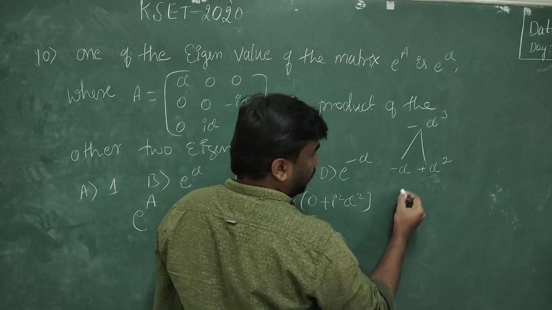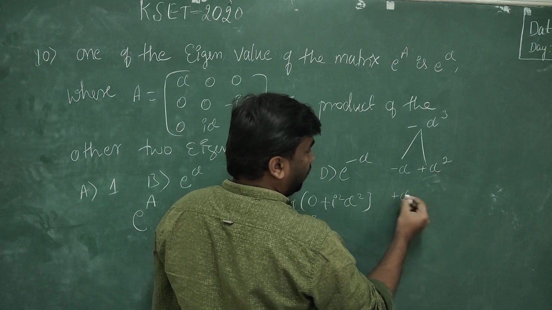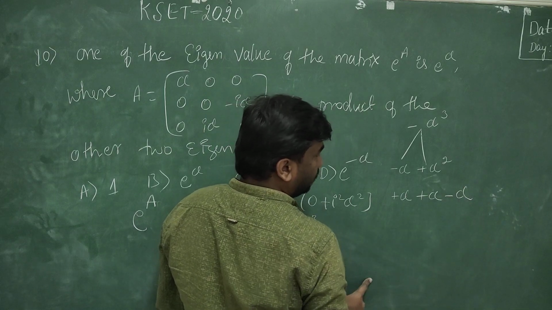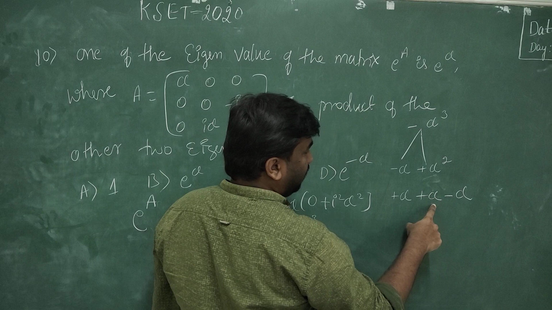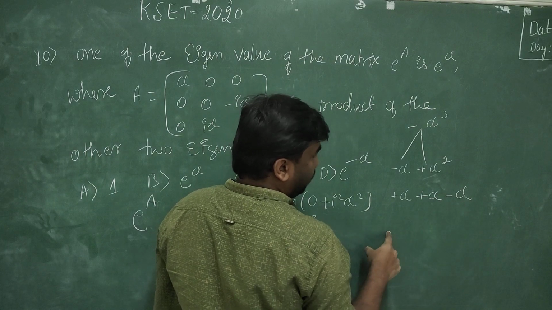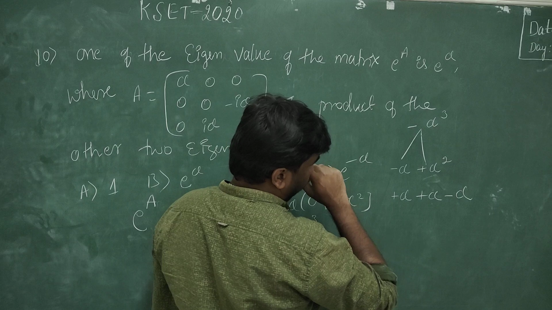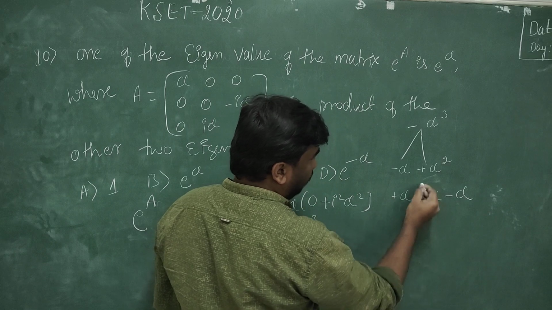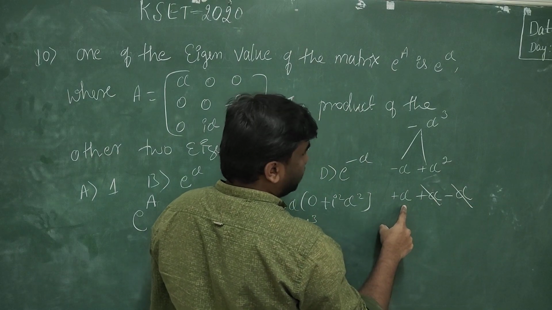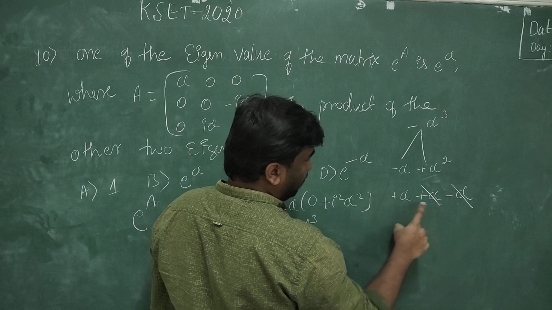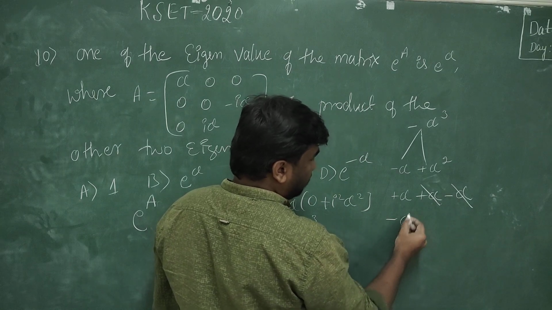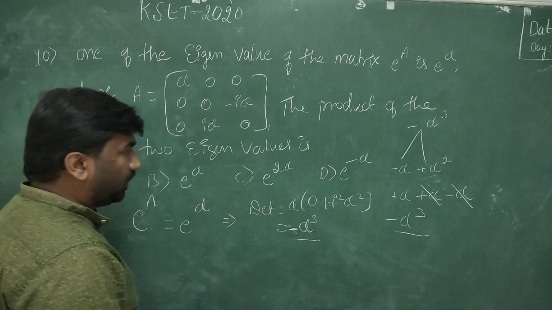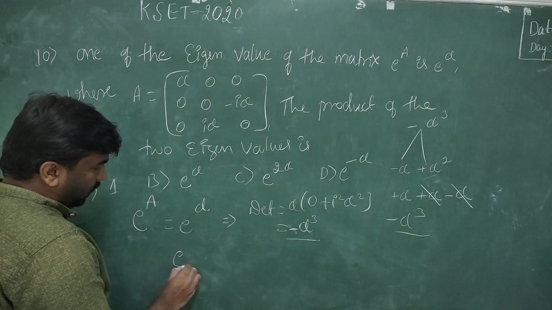If we add all these, plus alpha and minus alpha cancel, leaving alpha, which is the trace. If we multiply all these, plus alpha times minus alpha times alpha, it is minus alpha cube. Therefore the other two eigenvalues are plus alpha and minus alpha.